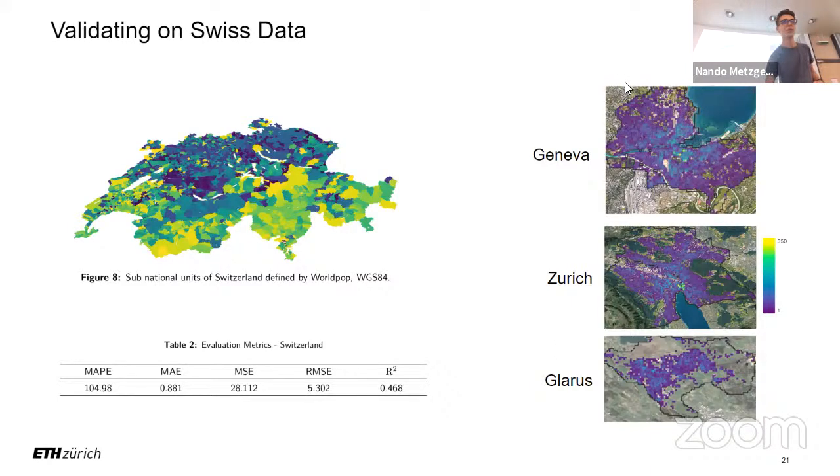We could basically prove that it also works on developed countries, with one caveat: for big cities like Geneva and Zurich, where you have lots of high-rise buildings, you cannot really detect it because you have the building counts, but you don't have information about how many stories there are. But it's something we want to address in the future.